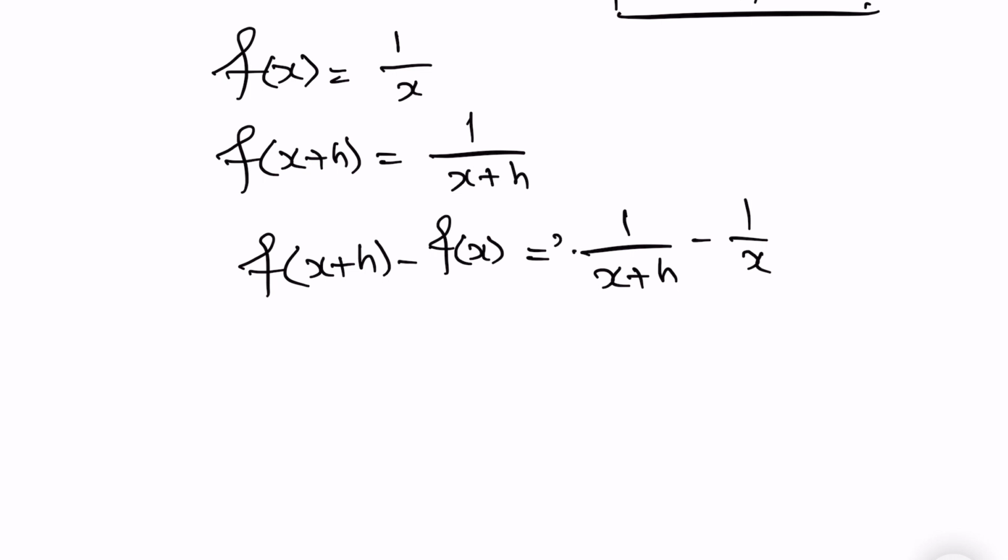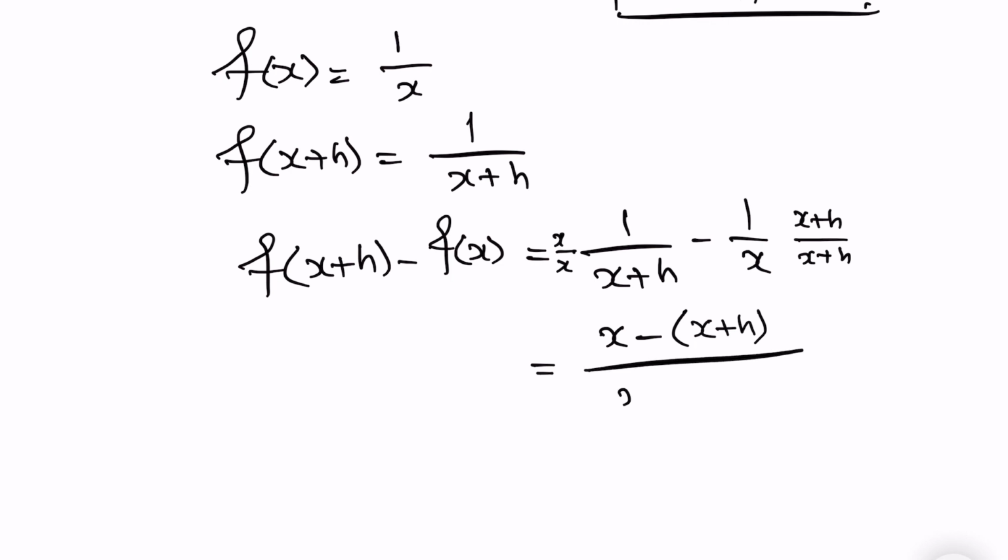So we are going to multiply and divide by x here, and multiply and divide by x plus h here. So we will get x minus, again be careful, got negative outside, so you have to use the parentheses, x plus h, divided by x times x plus h.